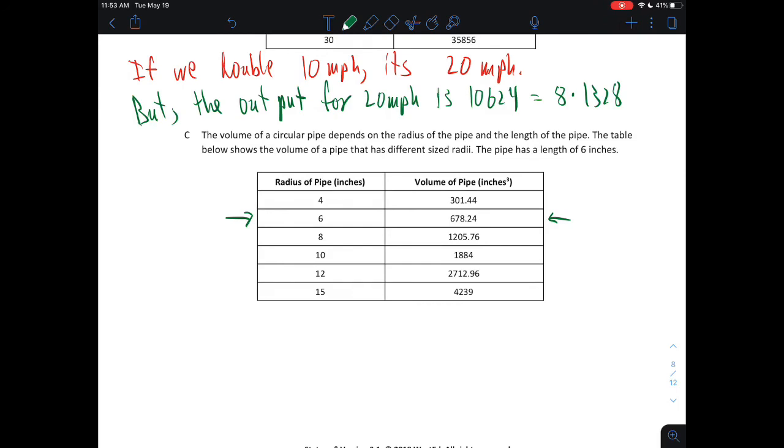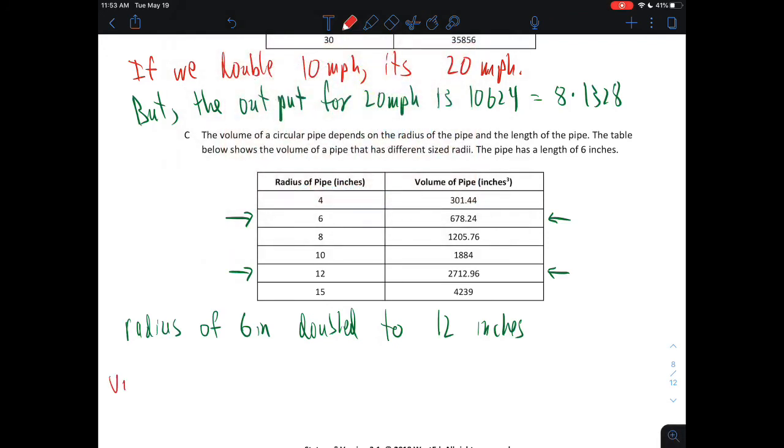And now I'm going to double it, which means 6 times 2, which is 12, which has a related volume of 2,712.96 cubic inches. So radius of 6 inches doubled to 12 inches. Now look at the volume.